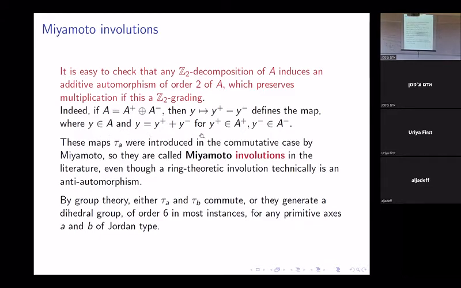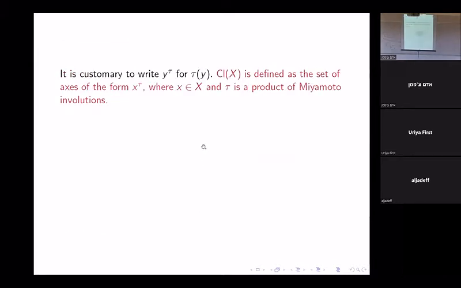Miyamoto sort of discovered it independently, and so they're called Miyamoto involutions, even though it's not really an involution, it's really an automorphism, but an involution in the group theoretic sense. These all have order 2, and any group generated by elements of order 2 is a dihedral group. So you get the dihedral group.